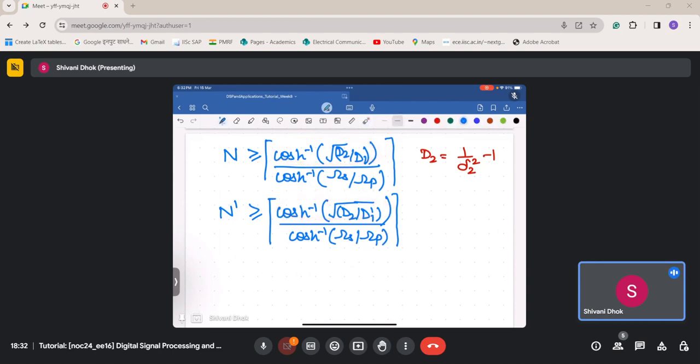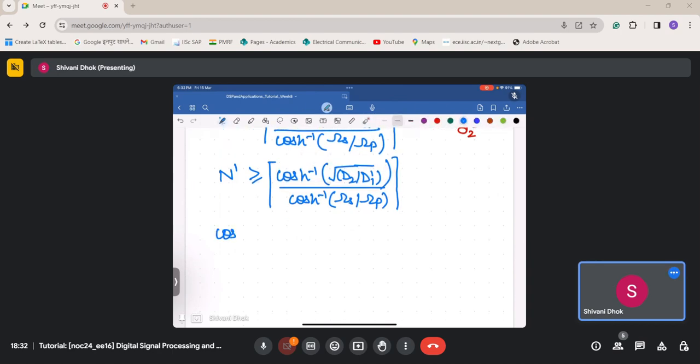So let's focus on cos h inverse of under root of d2 by d1 and cos h inverse of under root of d2 by d1 prime.